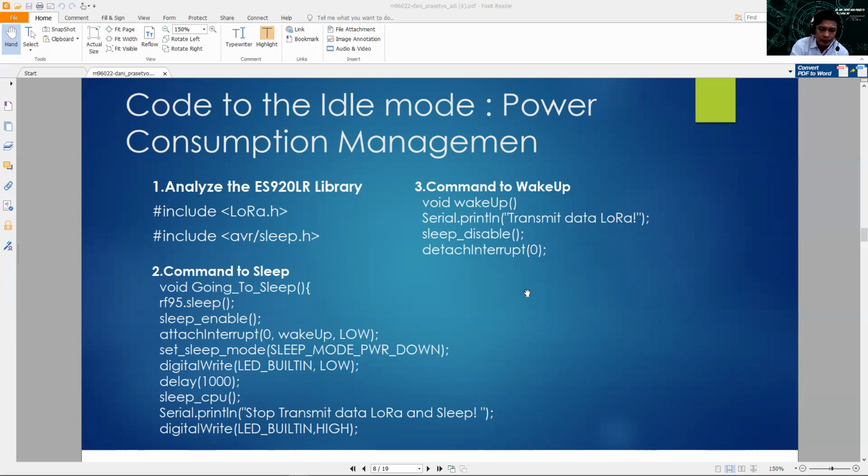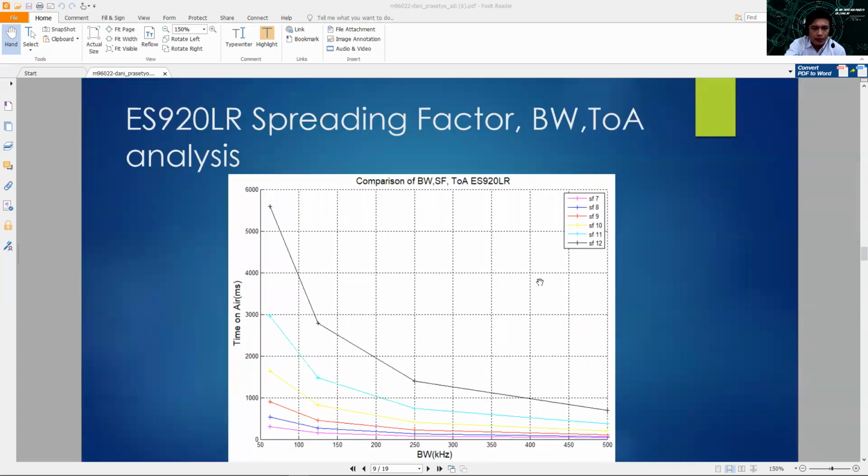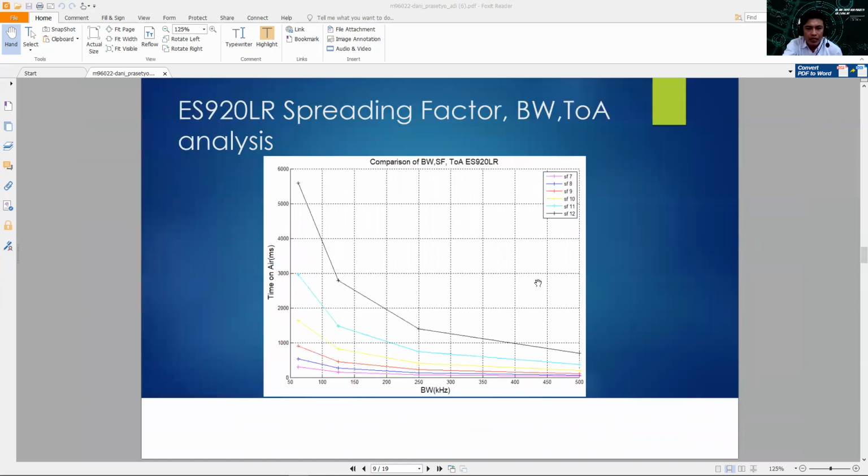So from this mode in the code, we use sleep and not sleep to make the adaptive data rate in the static condition. And this is a spreading factor analysis of spreading factor, bandwidth, and time on air.